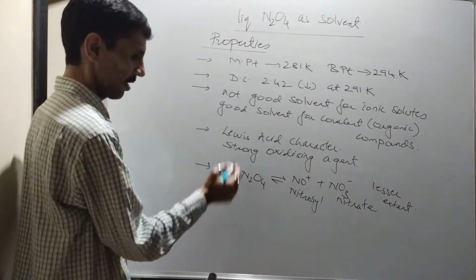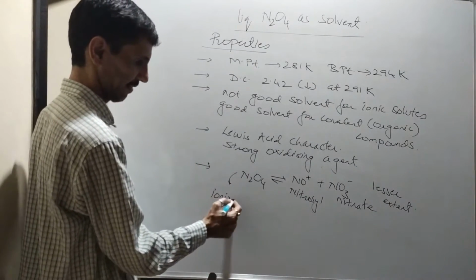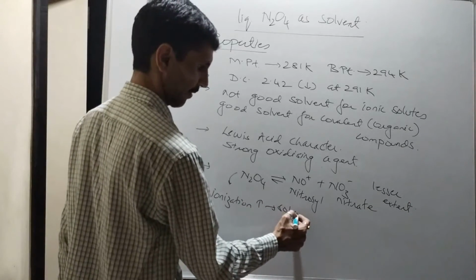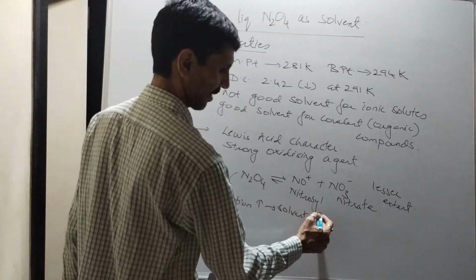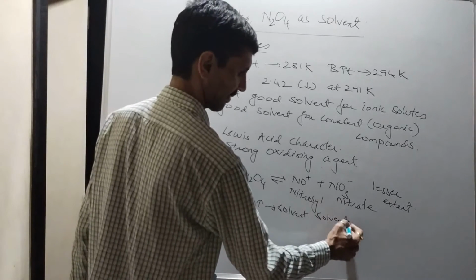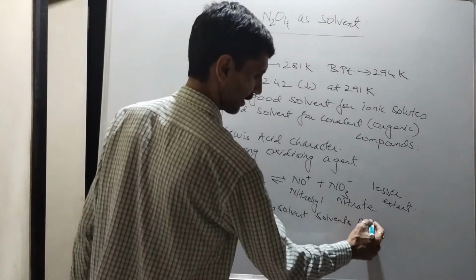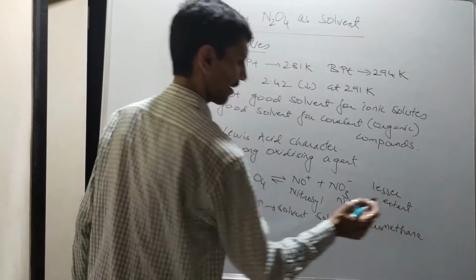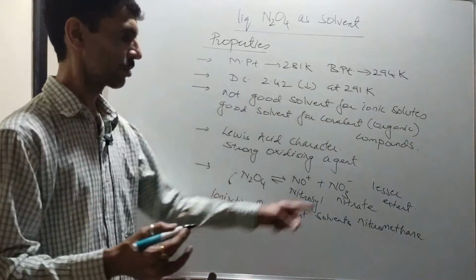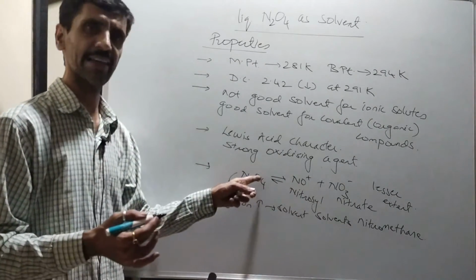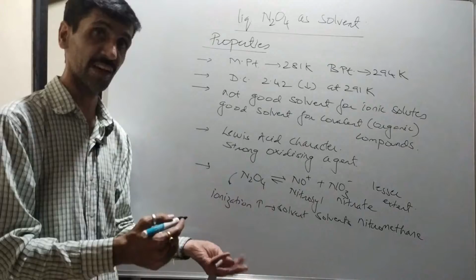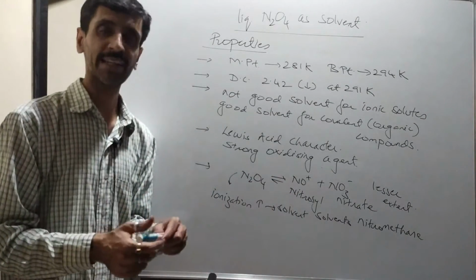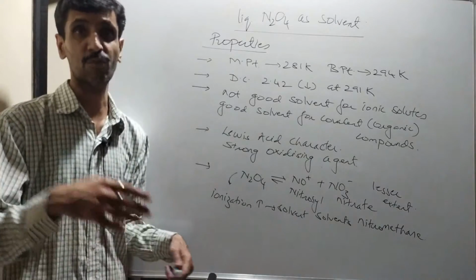But this ionization can increase in presence of polar solvents, or we call it as ionizing solvents, such as, an example I will give you is nitromethane. Okay, nitromethane ये एक आयनाइजिंग सॉल्वेंट है. ऐसे बहुत सारे और भी सॉल्वेंट्स हैं, तो उसके प्रेजेंस में ये आयनाइजेशन रिएक्शंस will become what, faster, and you get more nitrosyl and nitrate ions in lesser time, and that is what I mean by ionization reactions faster.